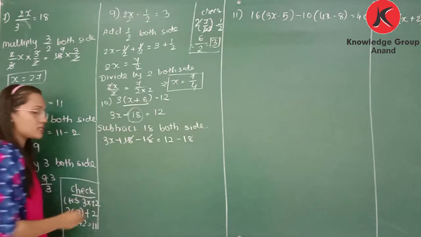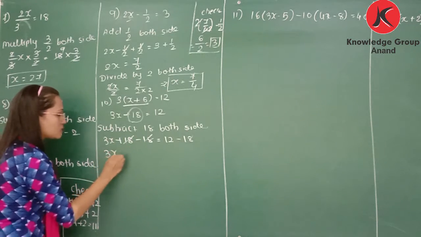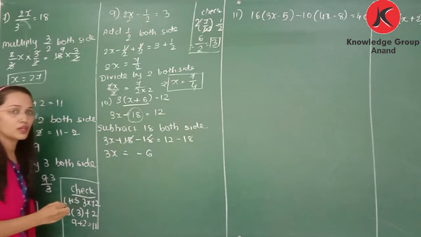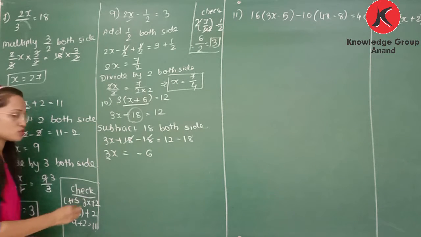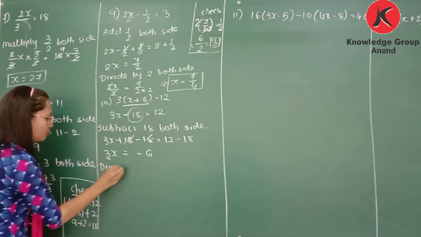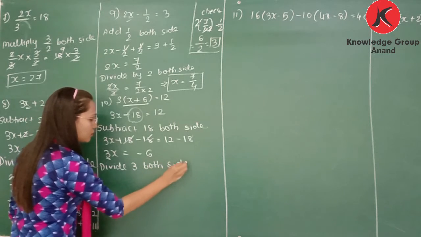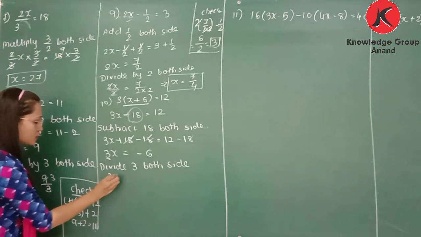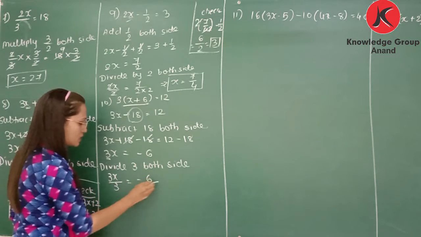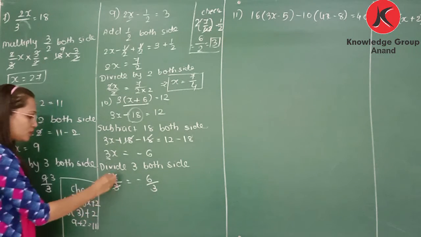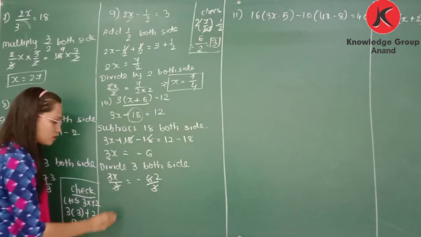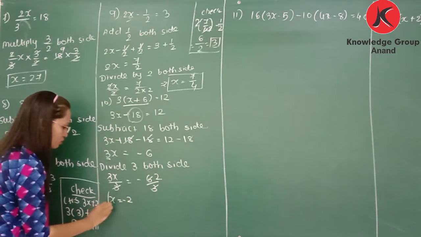So plus 18 minus 18 will be cancelled. 3x is equal to minus 6. Now 3 is in a multiplication, so divide with 3 both sides. So we get 3x by 3 is equal to minus 6 by 3, will be cancelled, so it is minus 2. x is equal to minus 2.